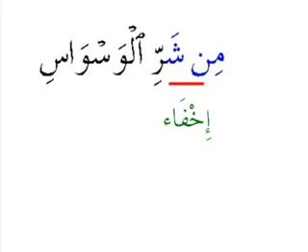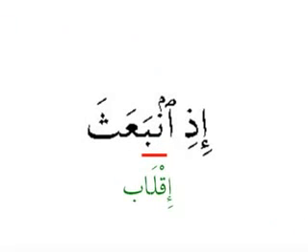Okay, so here we have min sharri. It's Noon Saakin followed by one of the other 15 letters, so it's Ikhfaa. So we're going to do the Ghunna with the hiding of the Noon, i.e. getting our tongue ready in the next articulation point. So it's min sharri. Then we have, in this example, idhin ba'atha.